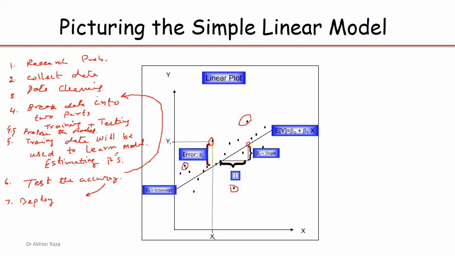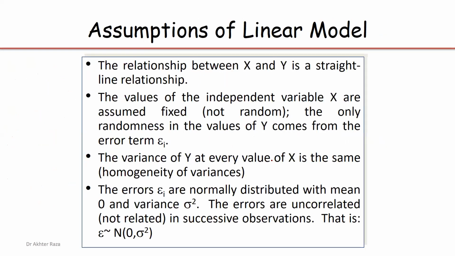The difference between these two is called error. This is one error, this is another error. Our objective is to minimize error. Minimization is a very important task, and we have to think about that.